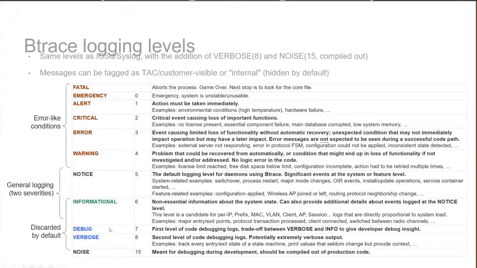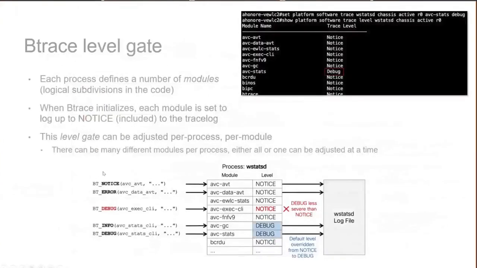Debug, verbose, and noise will generate more and more logs, and we can enable this per process using this command: set platform software trace, the process name, chassis active R0 on R0. For this process, we are setting the log level to debug, so that we can have the logs collected during the issue state or when required.